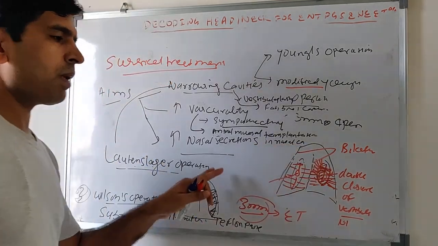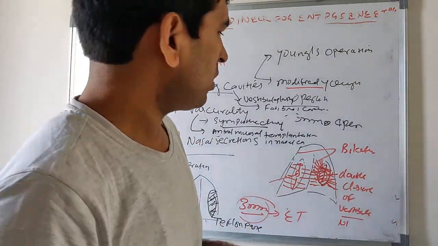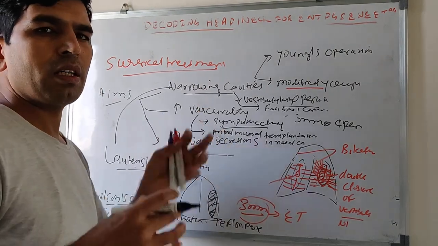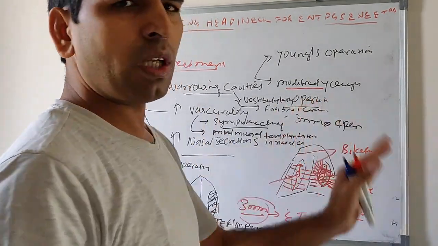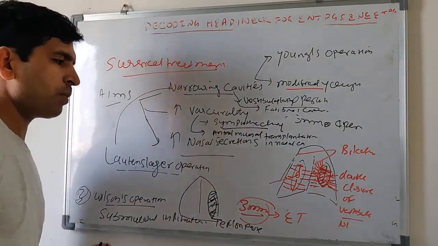You may transfer it endoscopically or by an inferior antrostomy approach, transplanting the maxillary sinus mucosa into the nasal cavity. So this is for increased vascularity.